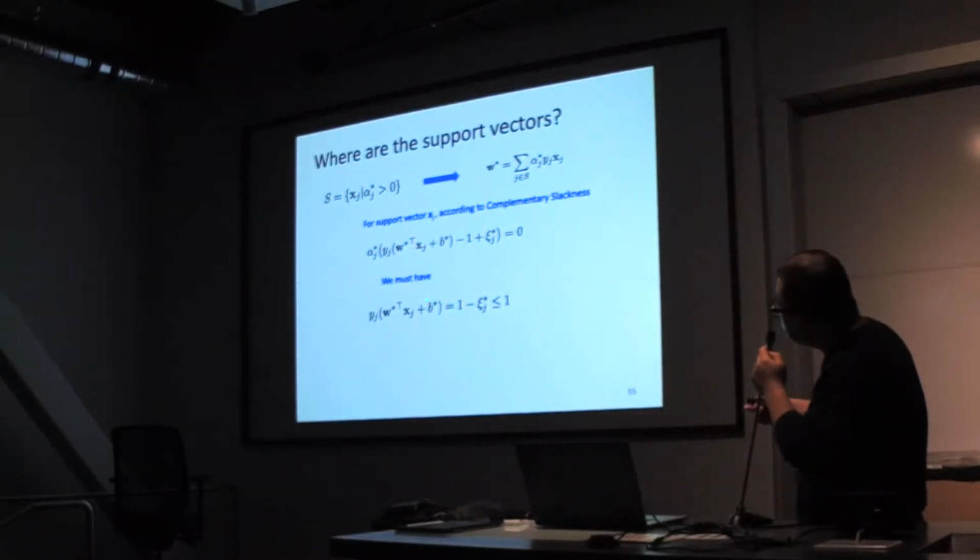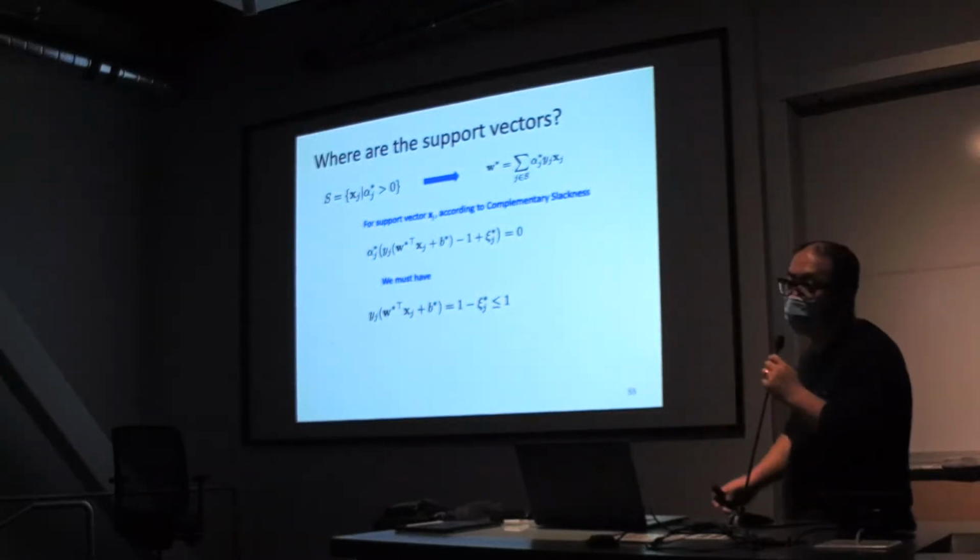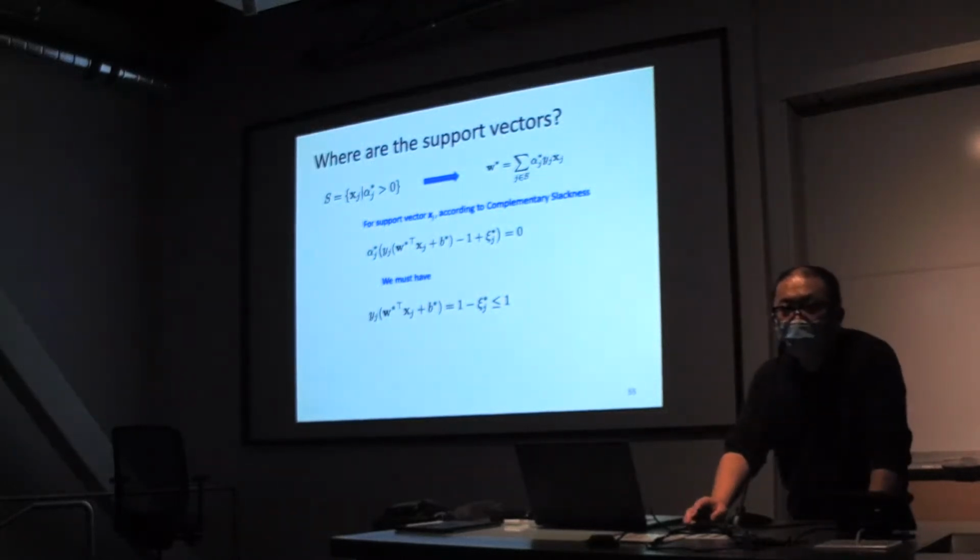So that means your function margin must be less than or equal to 1. This inequality actually determines the position of the support vectors. So I want to ask, what are their positions? Where do they locate relative to the separating hyperplane?